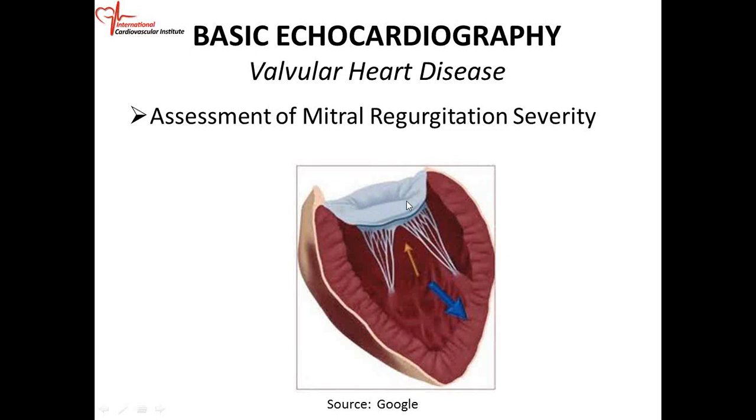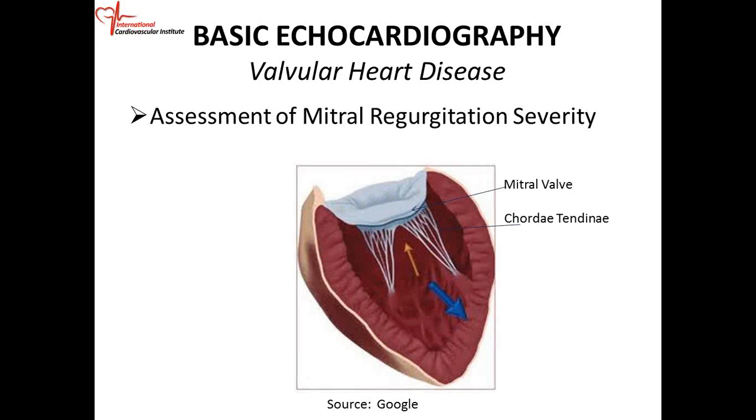So when someone presents with mitral regurgitation, you have to determine the cause for the mitral regurgitation. You can't just say mitral regurgitation and that's it. It's important to determine the cause. And for patients who present with more than moderate mitral regurgitation, if the cause is not readily available, you should do a transesophageal echo to determine the etiology.